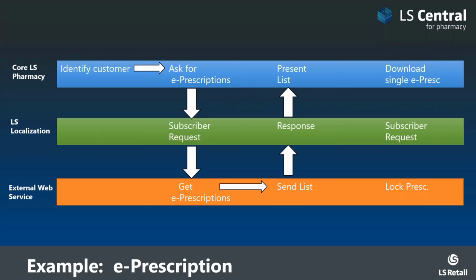You get a response back that is presented to the user or the employee in the pharmacy that selects one or more prescriptions to work with, and that then fires another event that the localization subscriber subscribes to and tells the government that now this prescription is being handled in this pharmacy and logs it for use in other pharmacies. So that's a typical example of how a localization works. You create a codeunit that subscribes to events and connects to government web services.